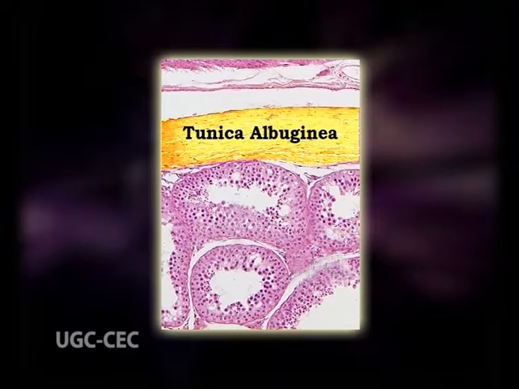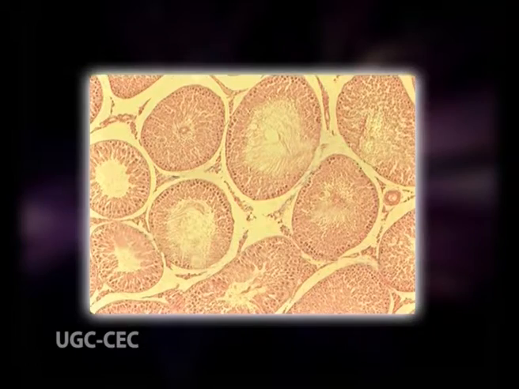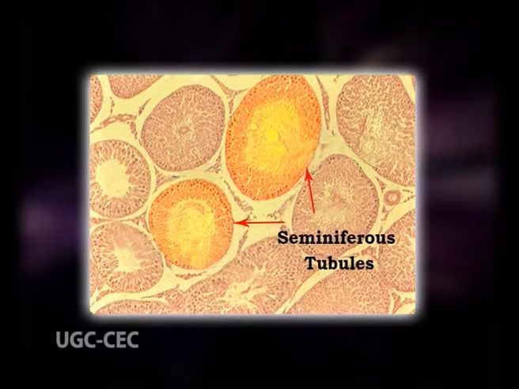The tunica albuginea consists of closely packed collagen fibers. Internal to this capsule is a vascular layer of loose connective tissue called tunica vasculosa. This connective tissue surrounds, binds and supports the seminiferous tubules.